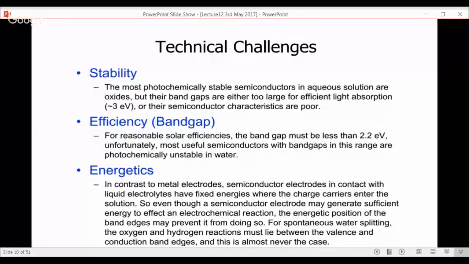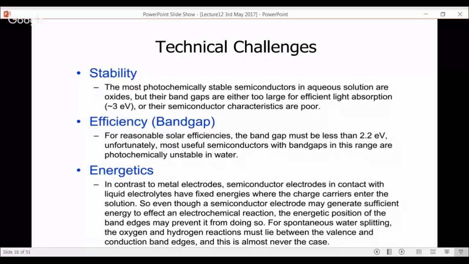In contrast to metal electrodes, semiconductor electrodes in contact with a liquid electrolyte have fixed energies where the charge carriers enter the solution. So even though the semiconductor electrode may generate sufficient energy to effect an electrochemical reaction, the energetic position of the band edges may prevent it from doing so. For spontaneous water splitting, the oxygen and hydrogen reactions must lie between the valence band and conduction band edges.